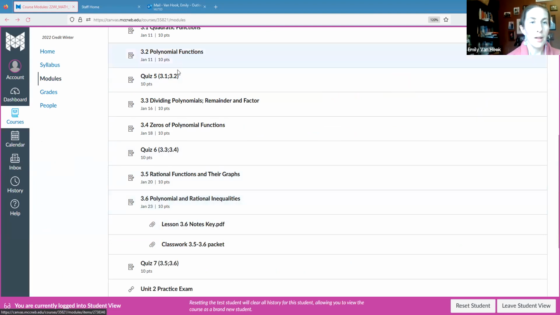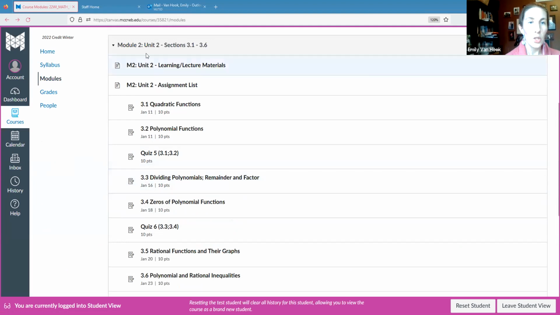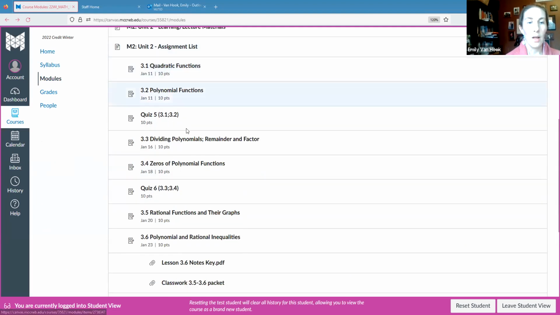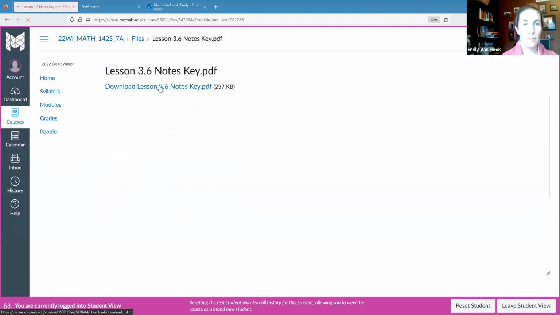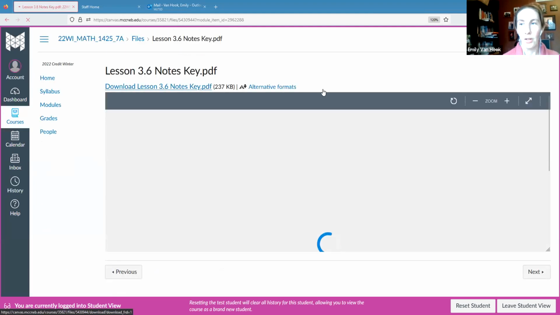In Canvas, at the bottom of your module unit 2, right below the 3.6 homework, there's a document that says lesson 3.6 notes key. So I'm just going to pull that up right now. It's a PDF file you can download. I'm going to show us all together right now.